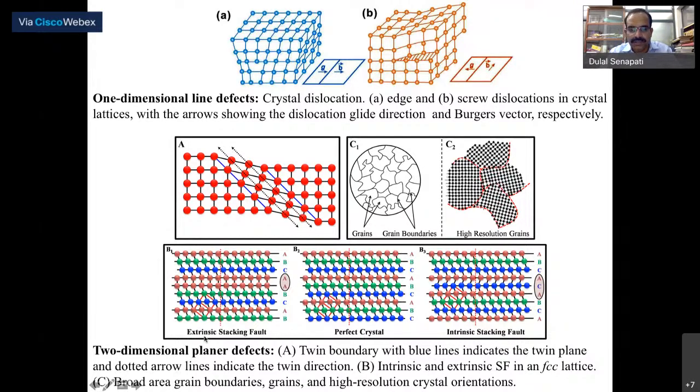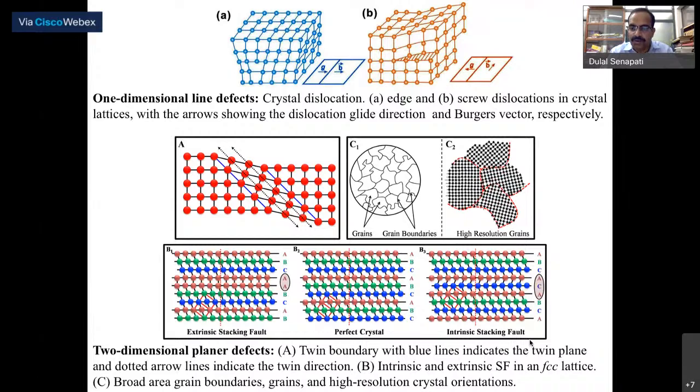So this we call the extrinsic stacking fault. But if there is an extra layer somewhere, like A, B, C, then an extra layer comes in, we call it the extrinsic stacking fault. And when one layer is missing, like A, B, C, it's supposed to be the next one also A, B, C, instead the B layer is missing, then we call it the intrinsic stacking fault.